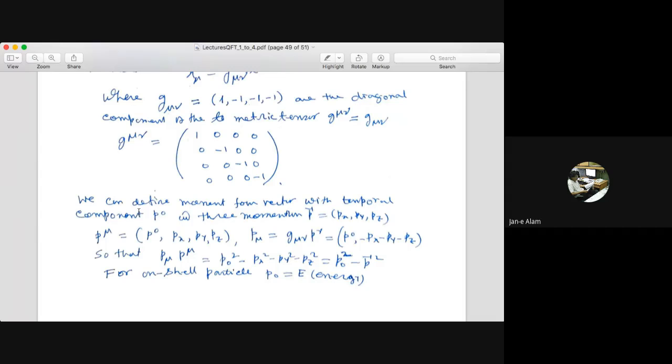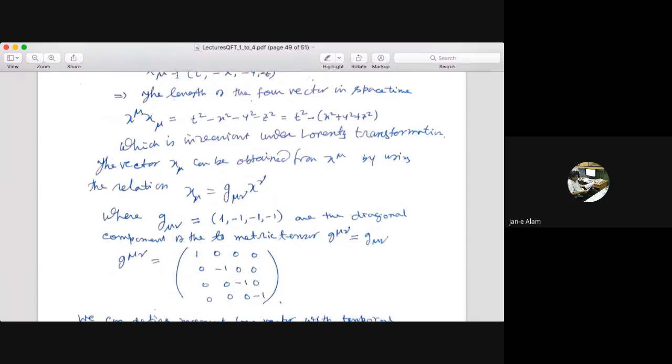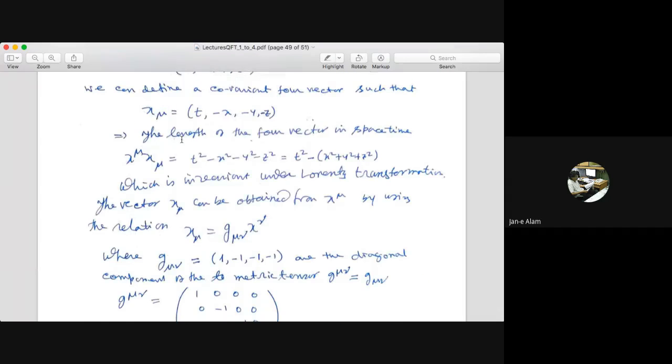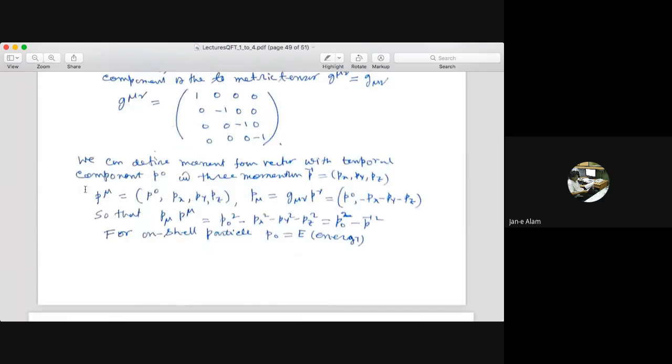Now we can also construct a Lorentz 4-vector not only for the space-time coordinate x mu, but also for the 4-momentum, where p0 is the temporal component of this 4-vector, and px, py, pz are the three spatial components.